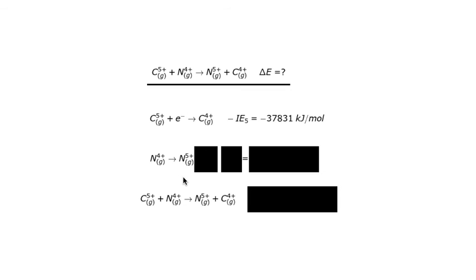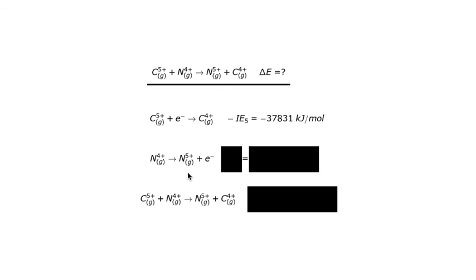We can continue on with nitrogen 4+ to nitrogen 5+. Again, we need to balance the equation first, right? In this case, we're really balancing the charges with an electron or electrons. And so an electron would have to be placed on the product side. And we can see it's clearly easy to see that we're going from nitrogen 4+ to nitrogen 5+.